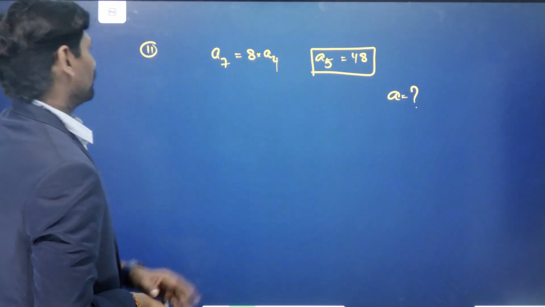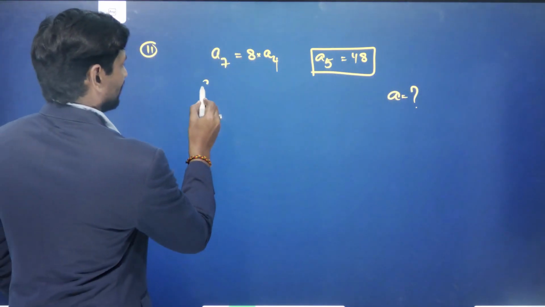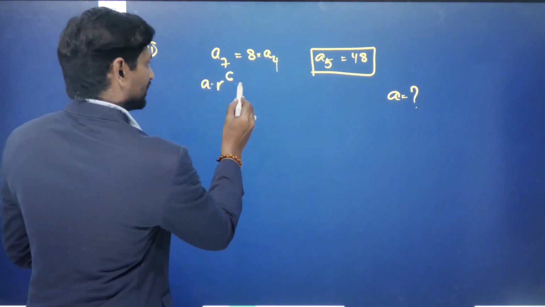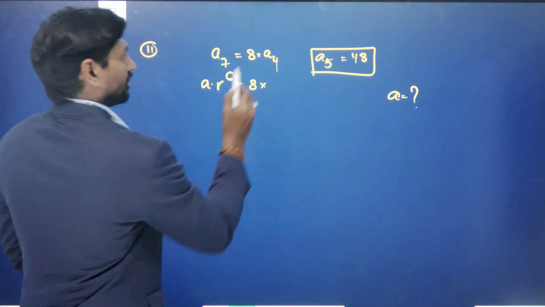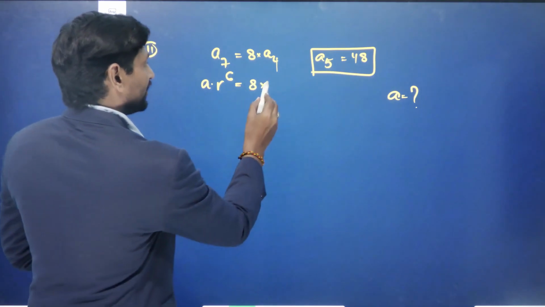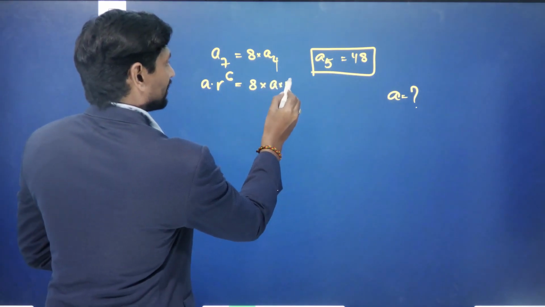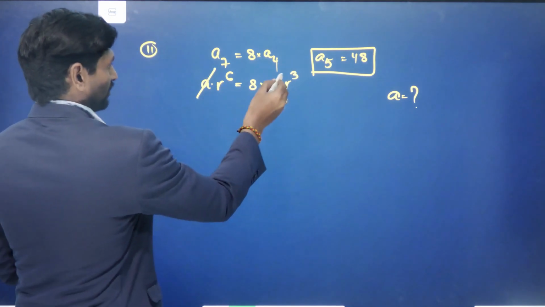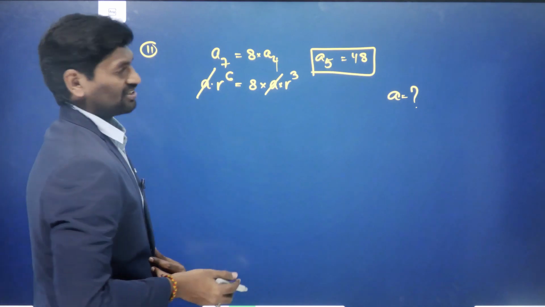Now, the seventh term means A into r power 6, which equals 8 times the fourth term, a into r power 3. Both sides, a is multiplied, so when you transpose, it divides and cancels.